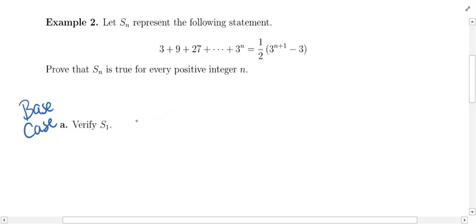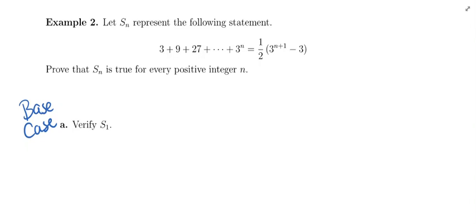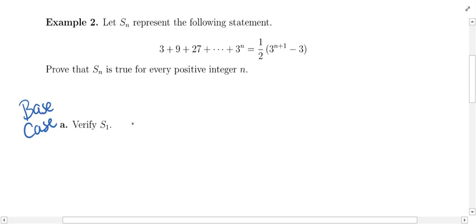So I am going to write down, if n equals 1, S1 becomes what? All right, so we're going to go up here to our original statement. N has to be 1, so basically replace n with 1.